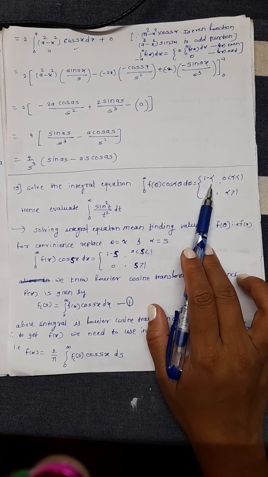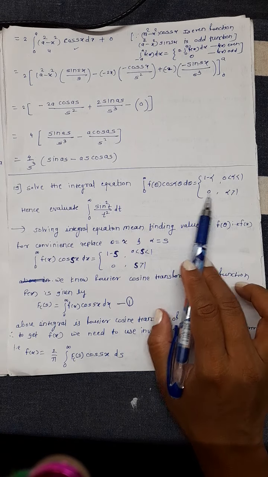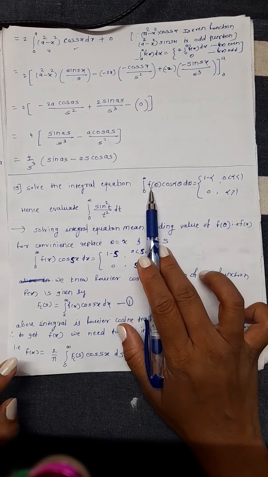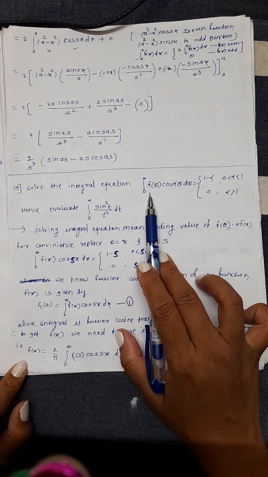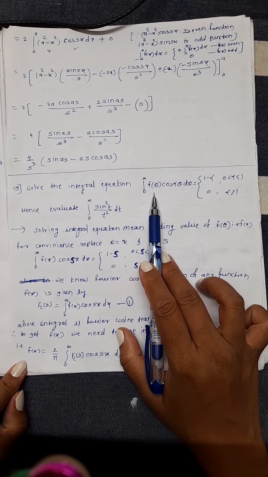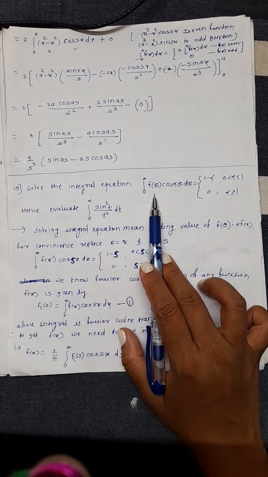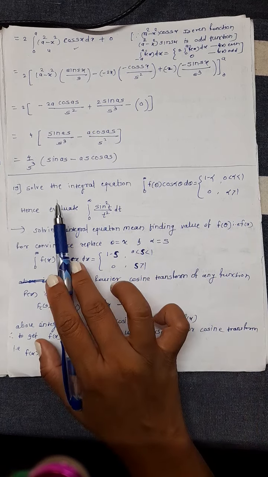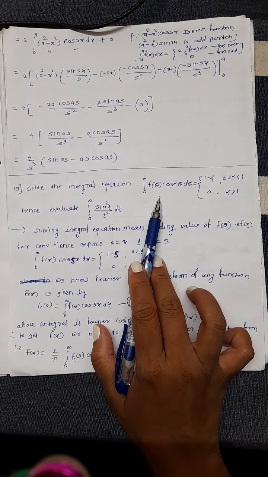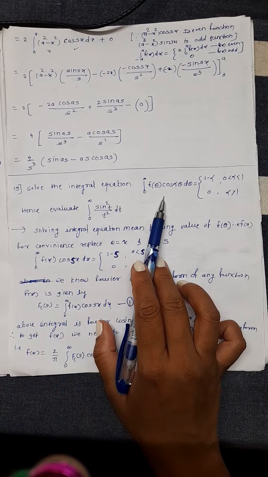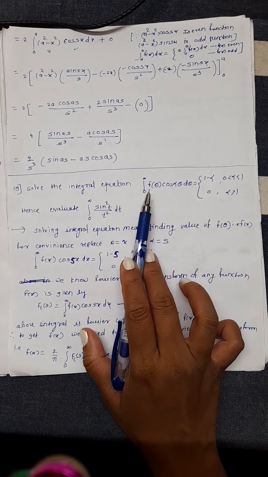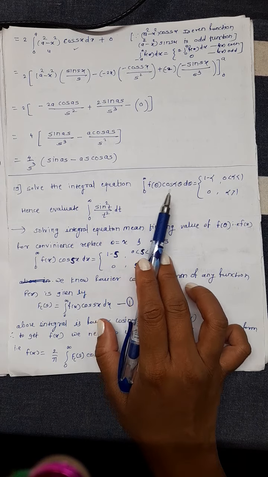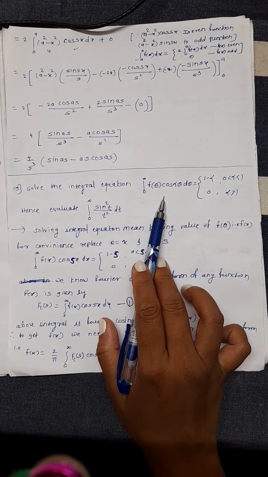Alpha is a variable here in this function, and here cos alpha theta is another function, but f of theta is the unknown function here. Finding out the unknown variables in any equation means the solution of that equation, but this is the integral equation. That's why solving the integral equation means to find out the unknown function present in the equation.